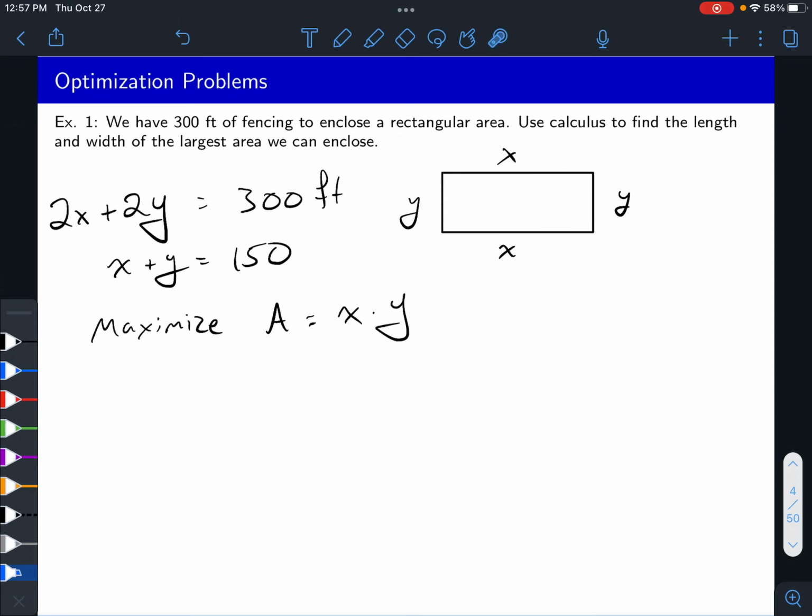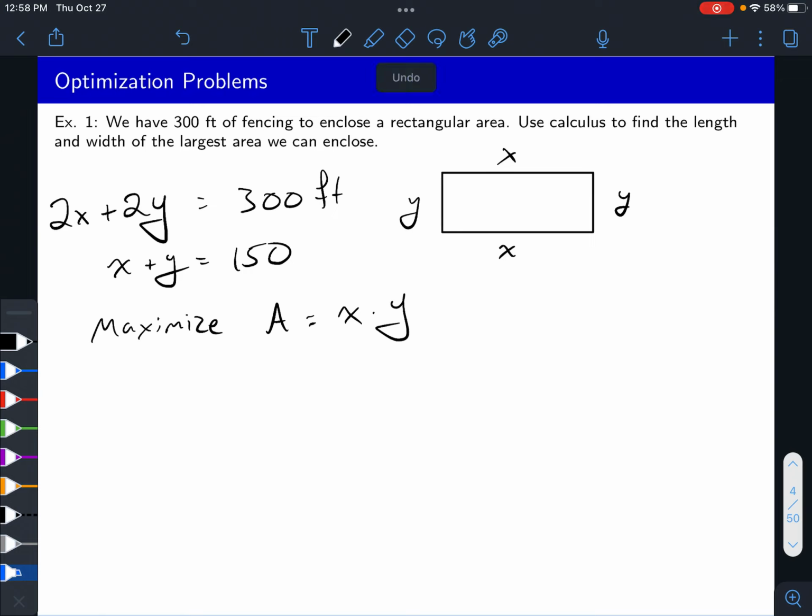But the area in terms of x and y is just the length times width, which is x times y. It would be great if we had a formula for our function that only had a single variable, right? It would be great if you could say that our area was like 2x squared plus 5x plus 3, because then you could take the derivative of that, find critical points, and do the stuff that we've been doing so far.